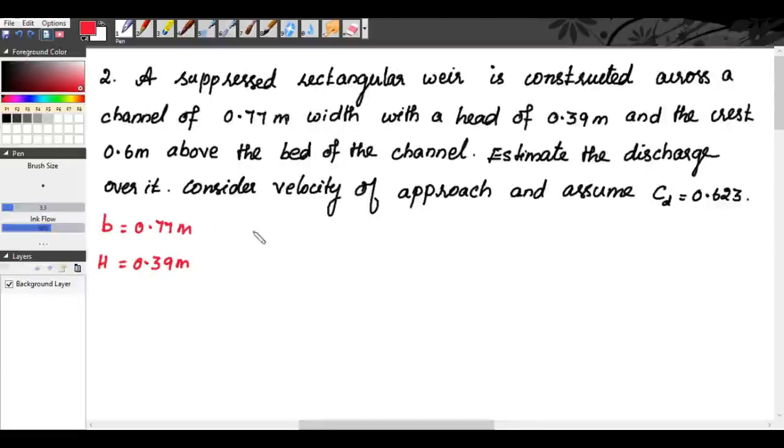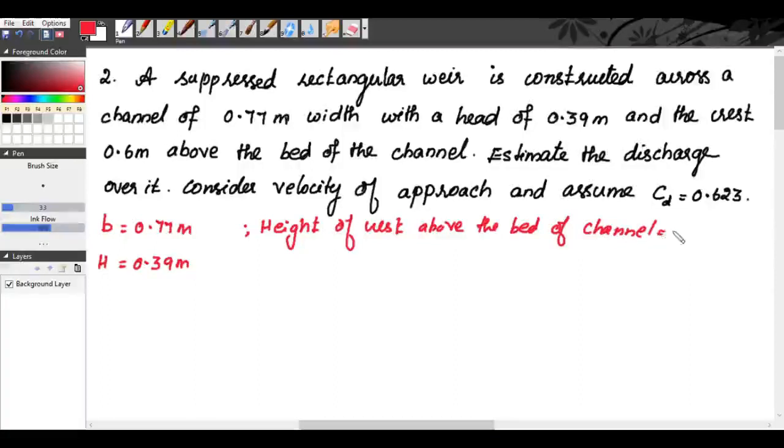So, height of crest above the bed of channel is equal to 0.6 meter.